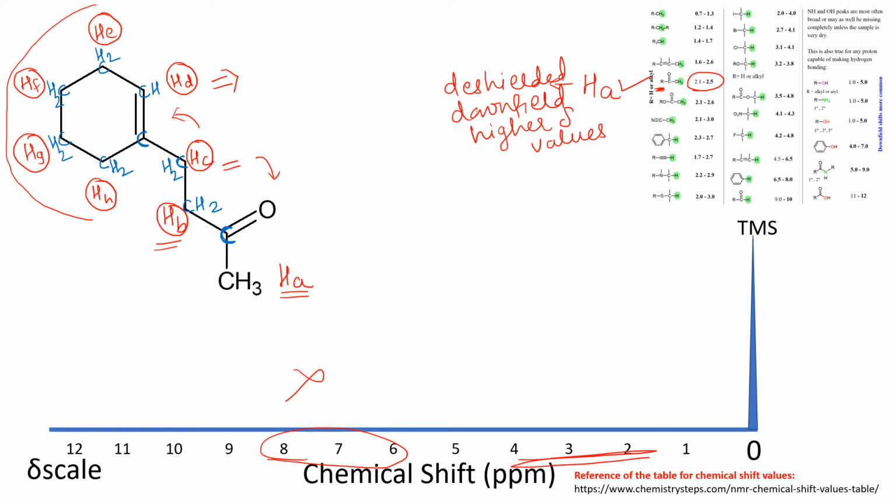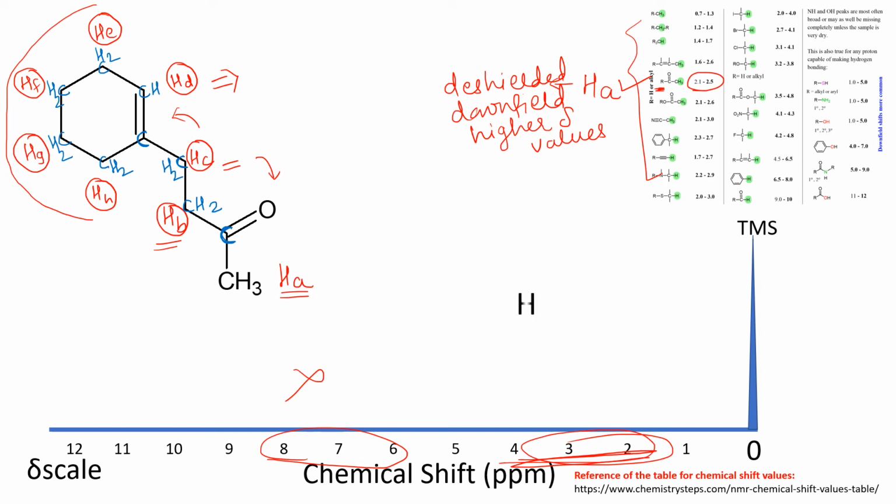Because there is no hydroxy group, no NH2, no aromatic protons, whatever we have is all from this side only. So all 8 peaks would appear in this range.